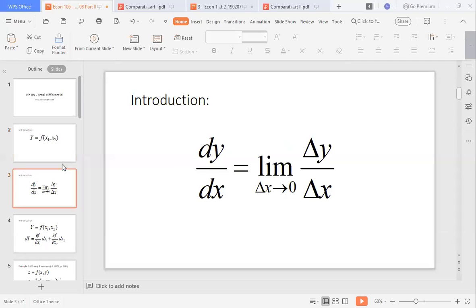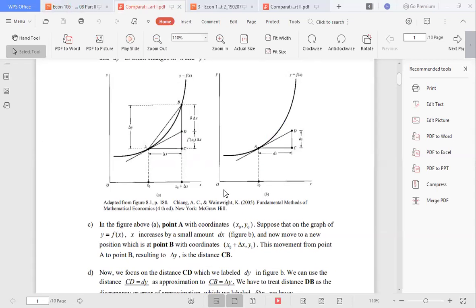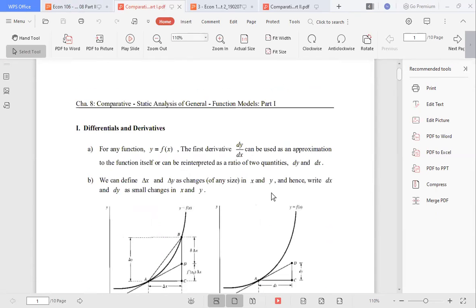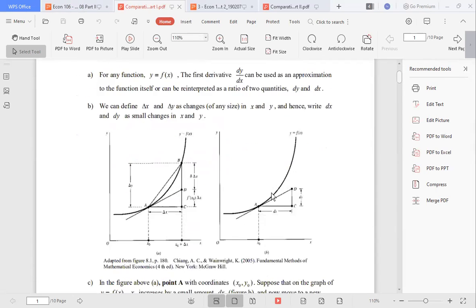Now, by definition, when we talk about dy over dx, we can treat this as a ratio of dy and dx, so you're getting the limit when delta x approaches 0. The whole definition of total differential, you can check in a separate file which I uploaded last week.